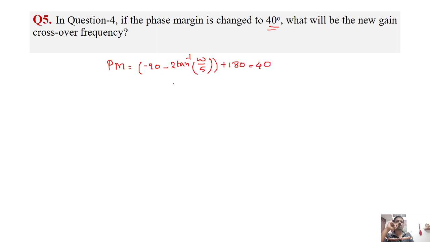So we just find omega, that is the gain crossover frequency. Minus 2 tan inverse of omega by 5, minus 90 plus 180 gives 90, and 40 minus 90 gives minus 50. So you can directly find tan inverse of omega by 5.